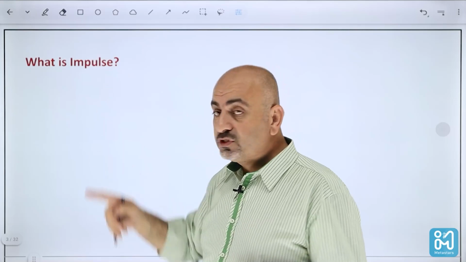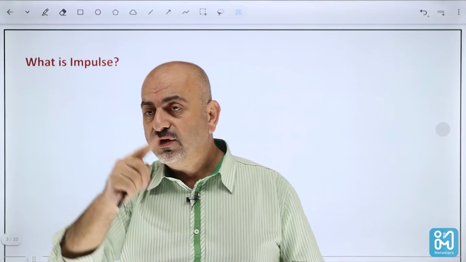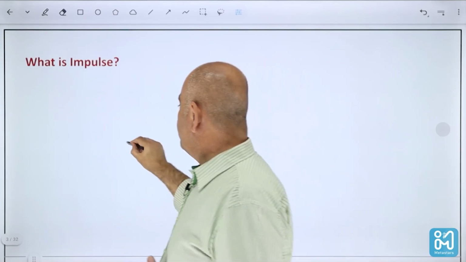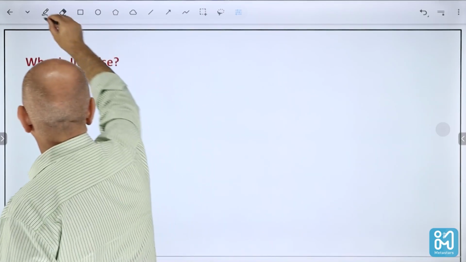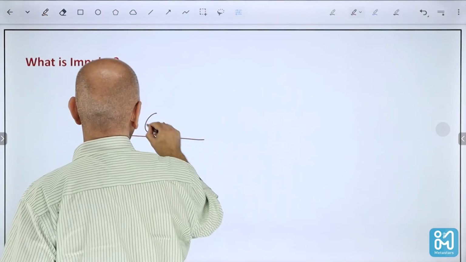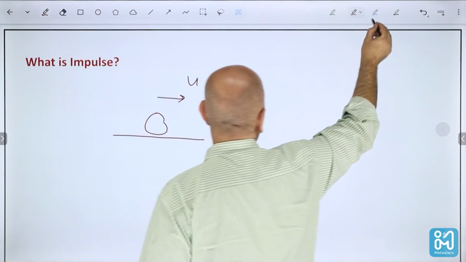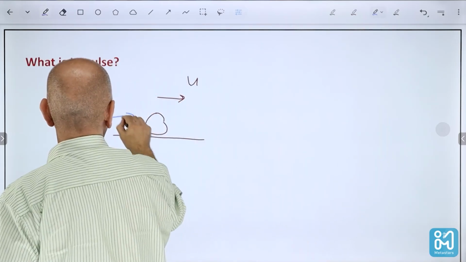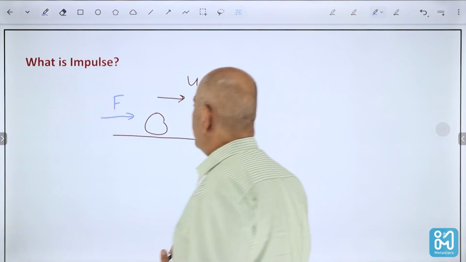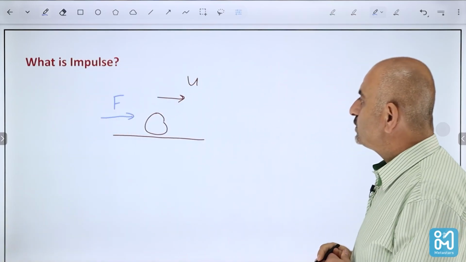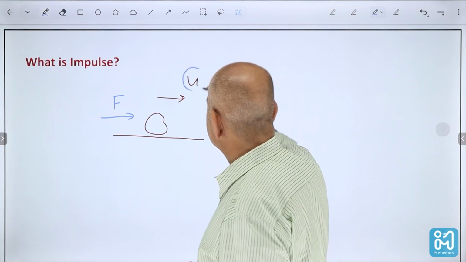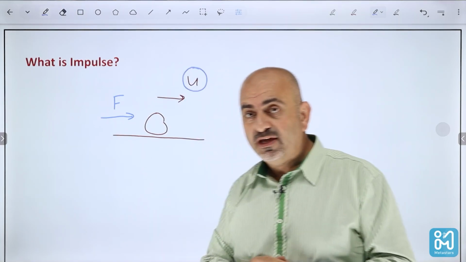So with impulse, you can increase momentum or decrease it. How? If the object is moving initially in that direction and you give it a push with a force, or you kick it with a force, then its velocity is going to increase. That's going to increase its momentum.